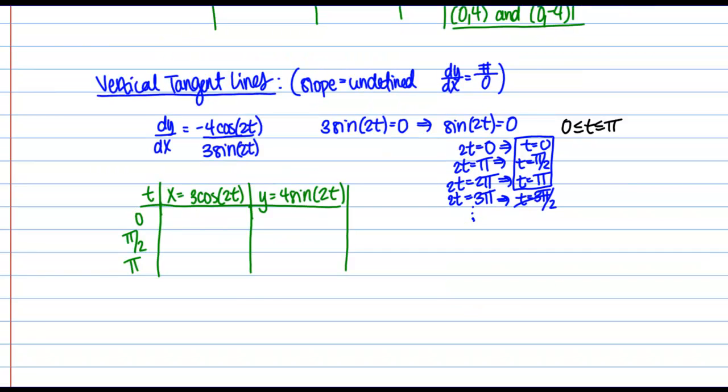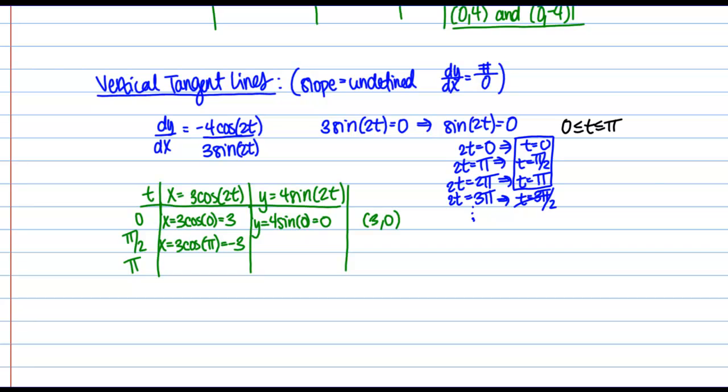Okay, so we'll start with a t value of 0. If I plug that into my x equation, I get 3 cosine of 0, which is 3 times 1, or 3. And for y, I get y equals 4 sine of 0, which is 0. Okay, so that point is (3, 0). If I plug in pi over 2, I get x equals 3 cosine of pi, which is 3 times -1, or -3.